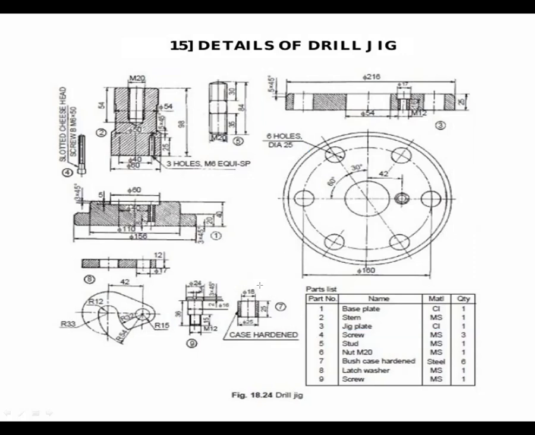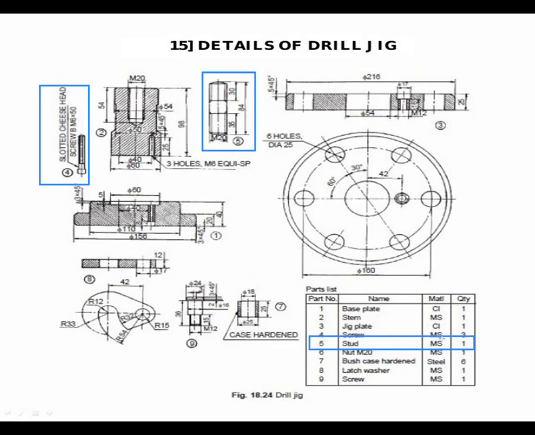This screw, nut, stud, all these components are also necessary. Here they have mentioned screw. Then this is the stud. Stud is having threading on both sides of shank, which is made up of mild steel. The nut is also provided.